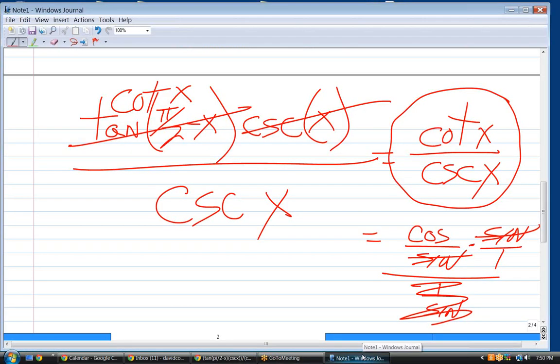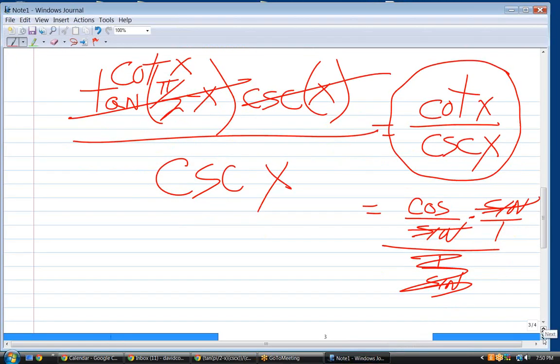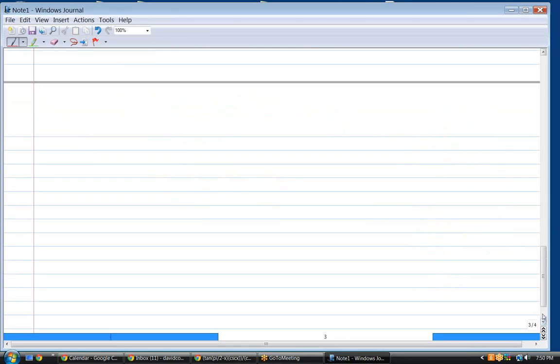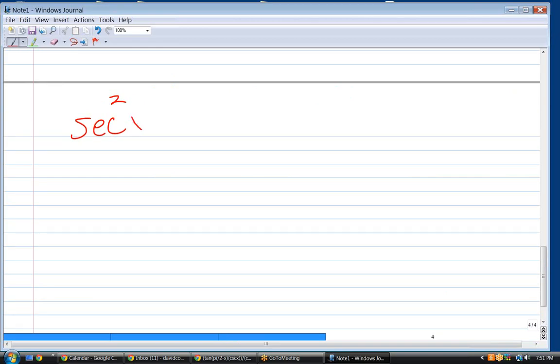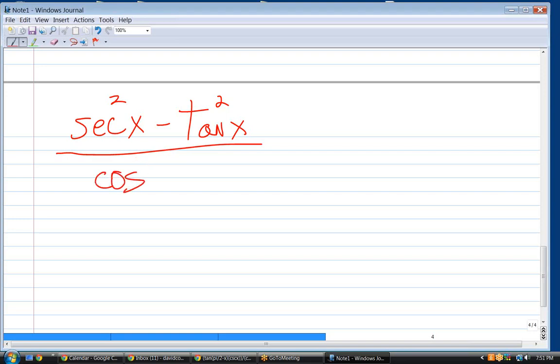Okay. What next? The next one is secant squared x minus tangent squared x, over cosine squared y plus sine squared y.